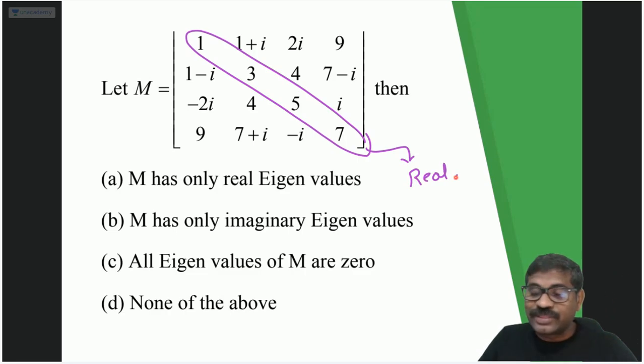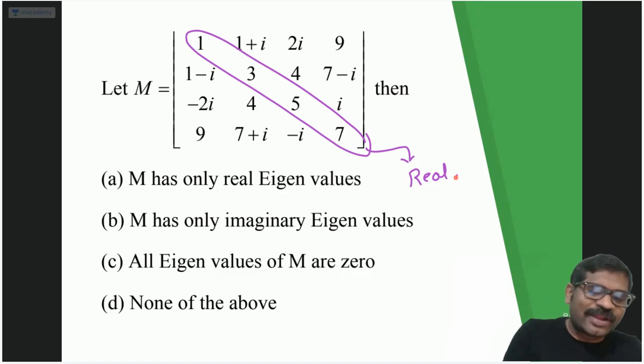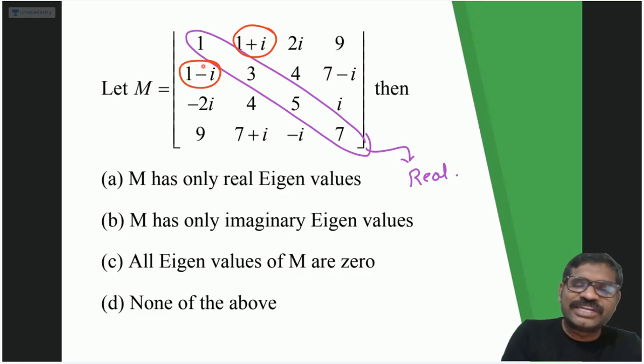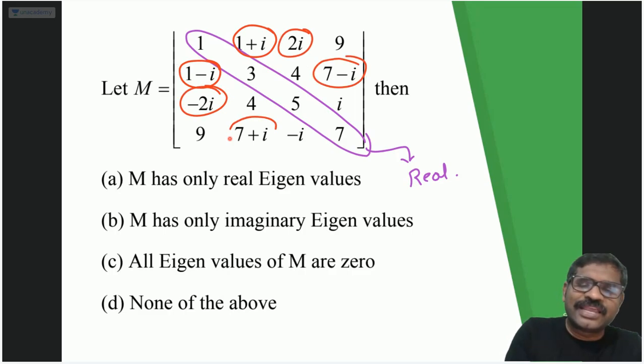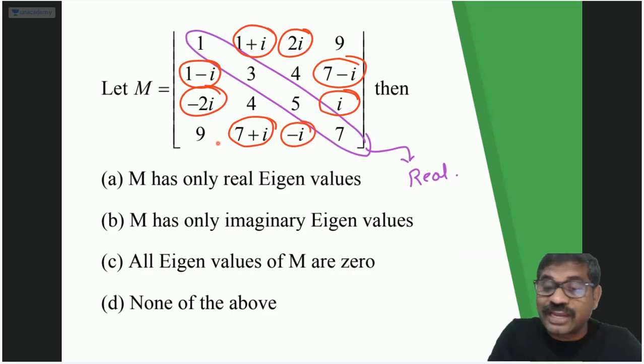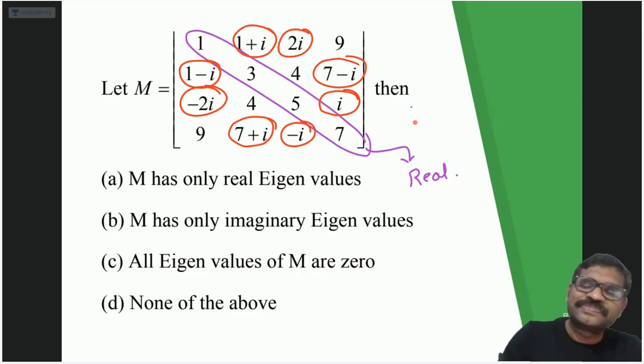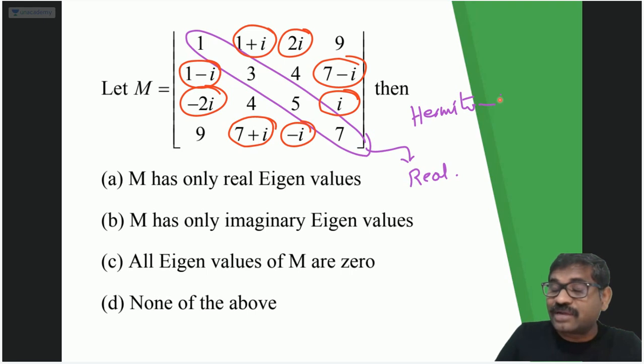Not only that, first row second column and second row first column are complex conjugates: 2i, minus 2i; 7 minus i, 7 plus i. So clearly the matrix is Hermitian. If the matrix is Hermitian, all the eigenvalues of a Hermitian matrix are always real. First option.